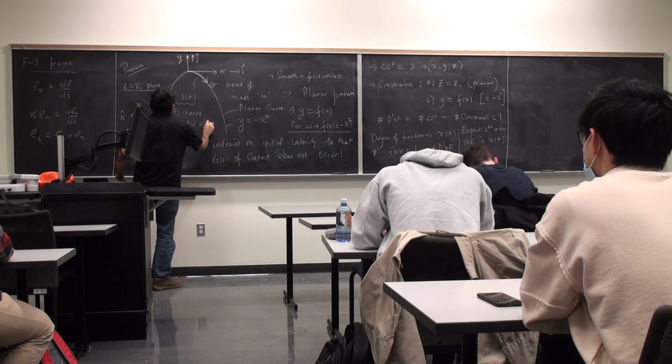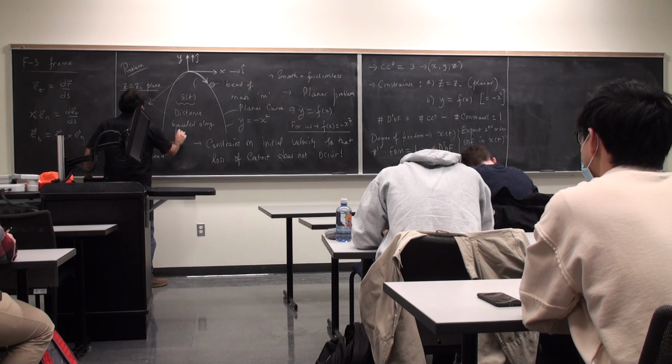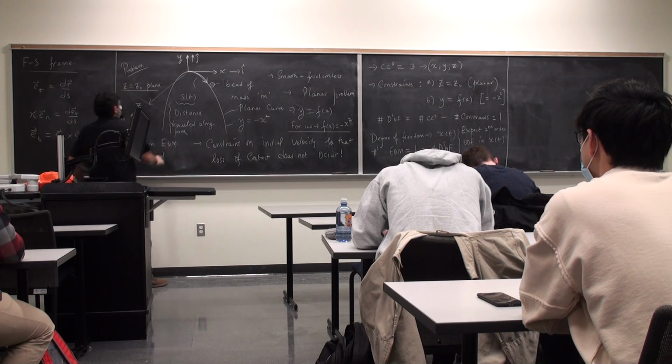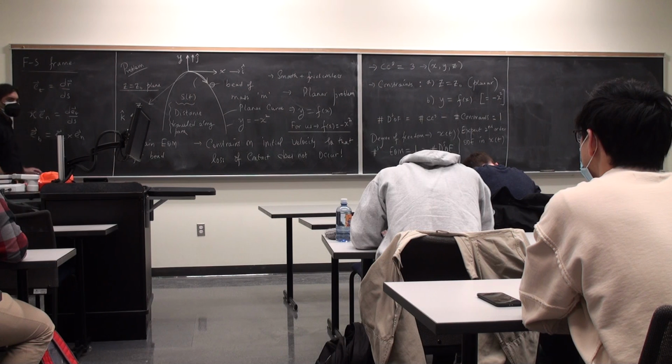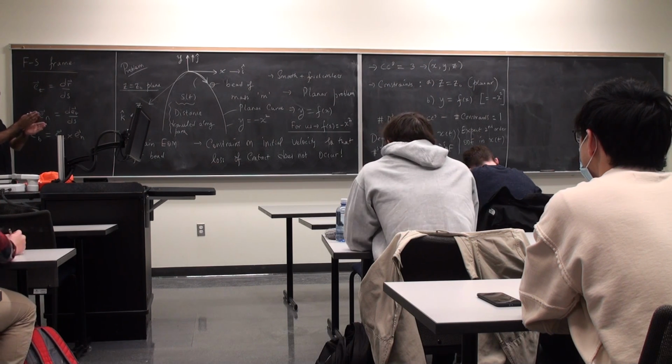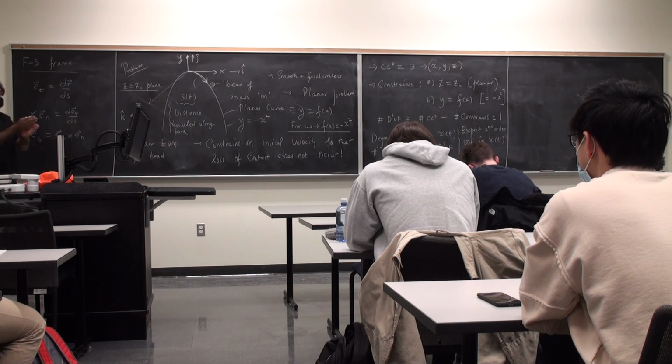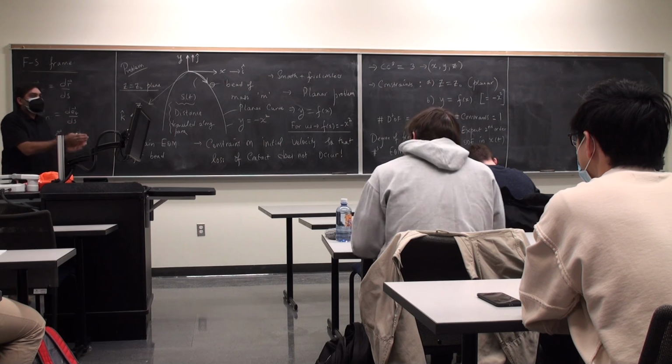Which is where you're getting your character ds and so on. So ds is an infinitesimal distance traveled along the path. dr is the displacement vector, or an infinitesimal vector joining the position of a point at time t and time t plus dt. Okay, those are the two things that you typically see.